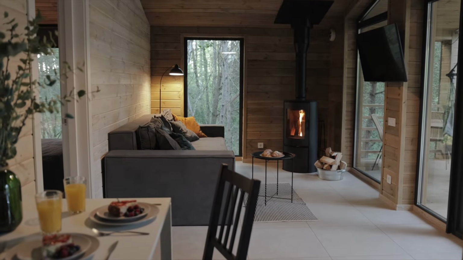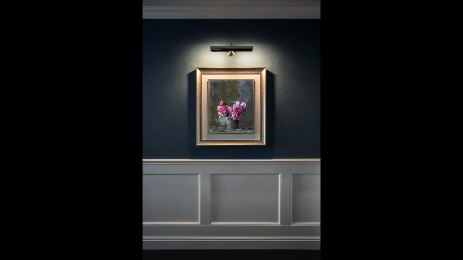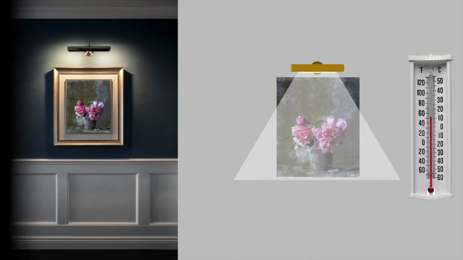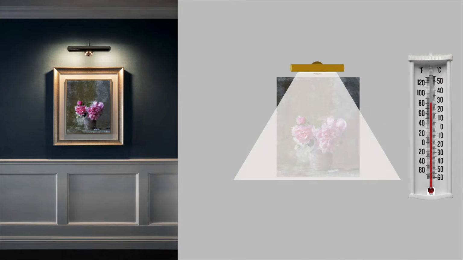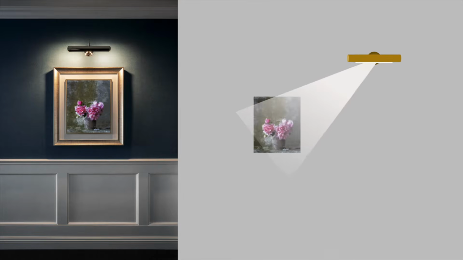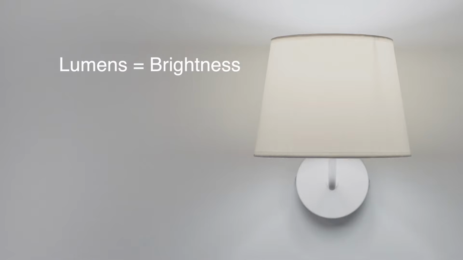This may not be an issue in a large room, but if you use an incandescent bulb in a picture light that sits close to the surface of a painting, it would gradually heat the surface and, as we learned earlier, that can cause problems for certain paints. It would create a kind of microclimate that's not good for art. At a distance, however, it wouldn't have too much of an effect. So, lumens is the brightness, and wattage is the energy used to create that brightness.